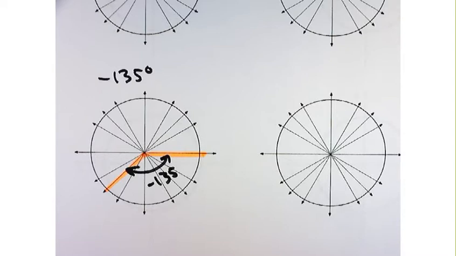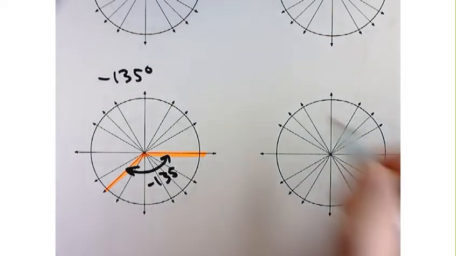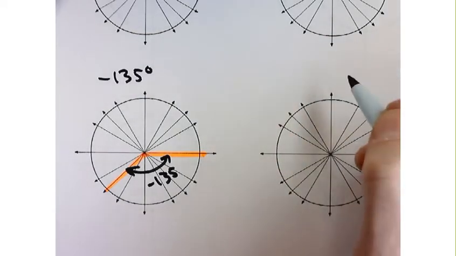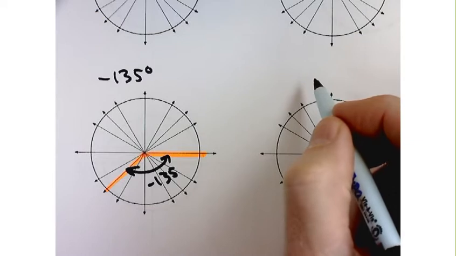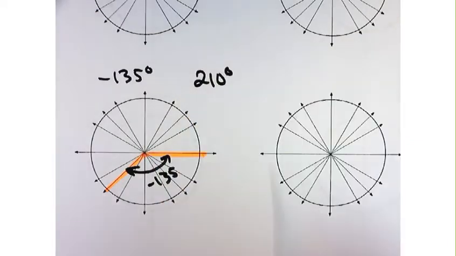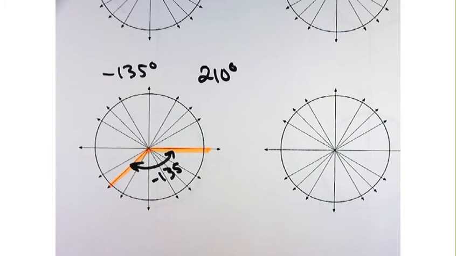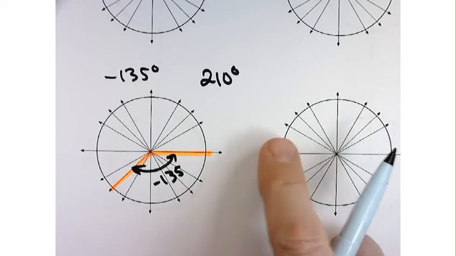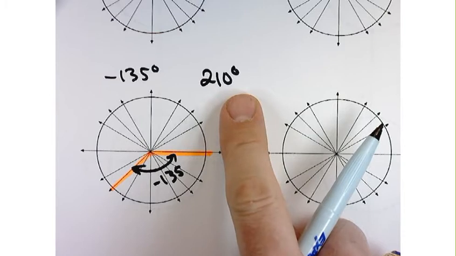Why don't you try one? Let's see. How about 210 degrees. Now let's think a little bit about 210 and an angle that you're going to pass along the way.